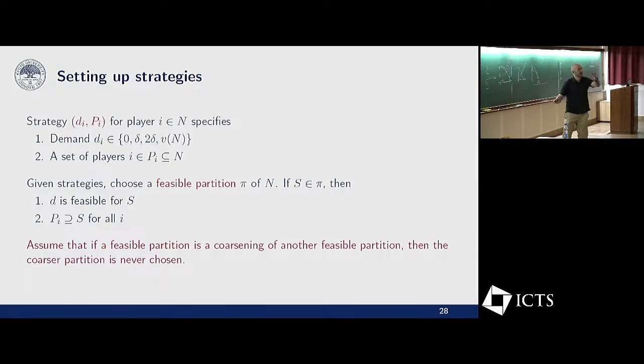So we've chosen a partition of the players, and it should be that if there's a set of players in that partition, take V4 again, if we are in a set, our demands should be satisfiable by this set we're in, right? Our V of S should be at least as big as what we're demanding.